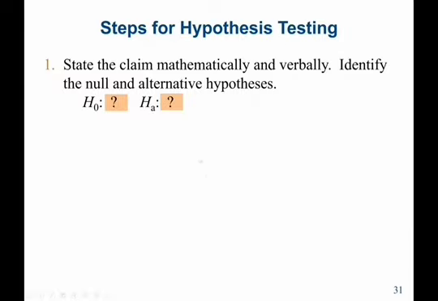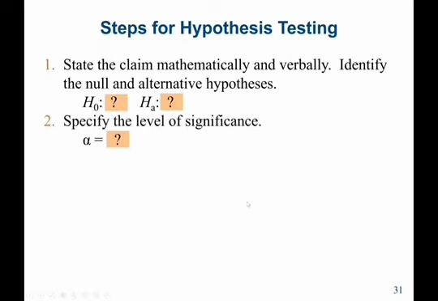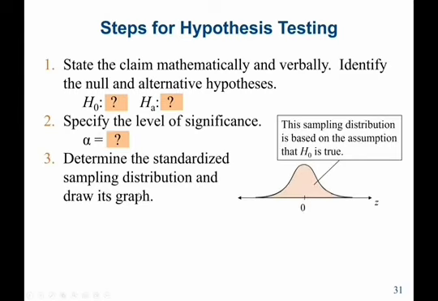So next are the steps for hypothesis testing. First, we state the claim mathematically and also verbally. Then we identify the null and the alternative hypotheses. Second, we specify the level of significance, which is alpha. Normally, the alpha value is always given to us.